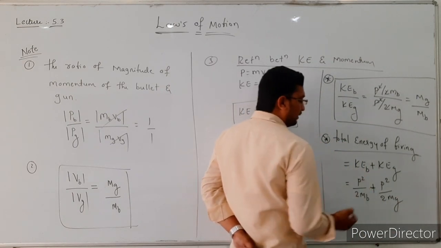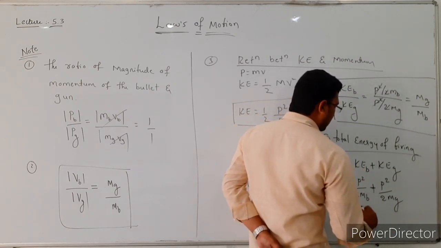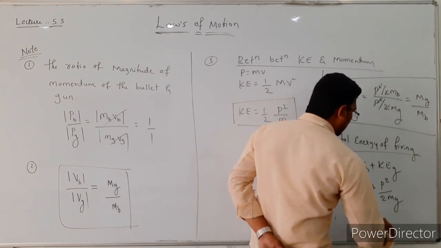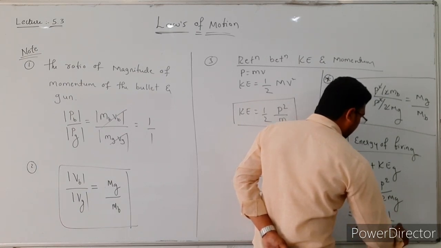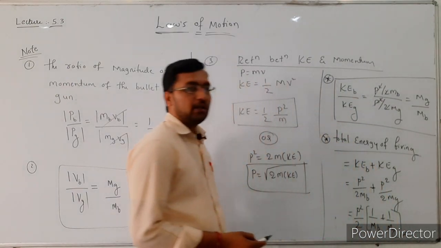In this case the momentum is constant and the 2 is also constant. Take it outside, then p square by 2 into the bracket of 1 divided by the mass of the bullet plus 1 divided by the mass of the gun. So this is the total energy of a firing.